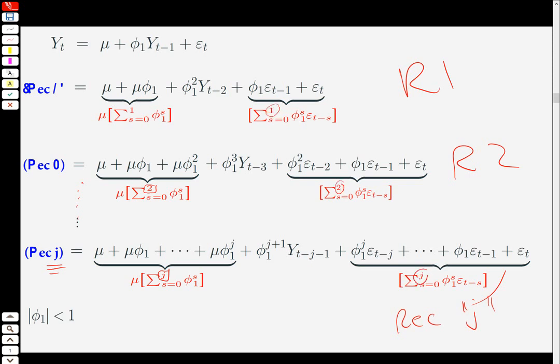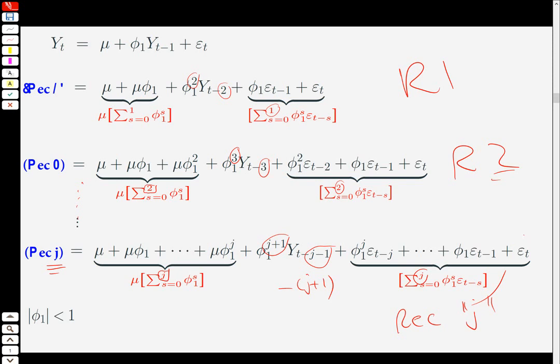What we can see is that when we've substituted back twice, we get this sum forming up to 2, this sum forming up to 2, then we get phi 1 to the power of the recursion plus 1, y minus the recursion plus 1. Which is exactly the same, and we could keep going. If you did it again and again, you keep seeing this pattern over and over again.